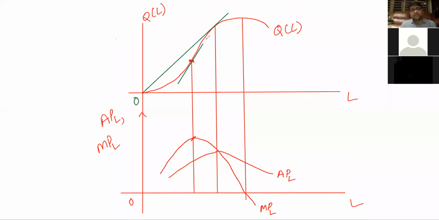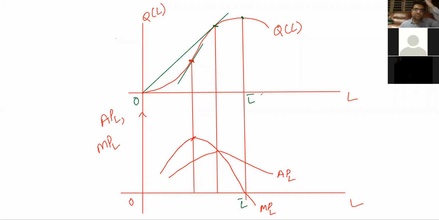You can see that the average productivity of labor is maximum when APL is equal to MPL. This point. And beyond this level, say L bar, every labor added will actually reduce production. So my marginal productivity of labor becomes a negative number beyond this L bar.